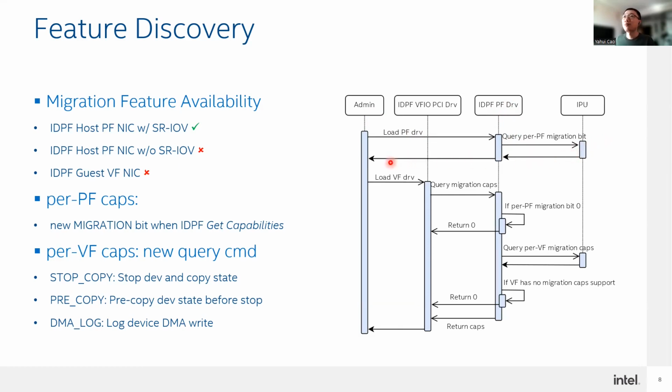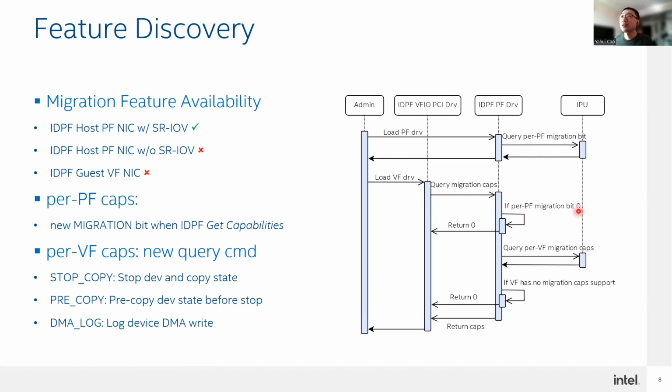Then while we bind the VF PCI driver with the VF device, the VF PCI driver, while initializing, will query the PF: what is the migration capability you support? Please tell me. In the IDPF PF driver, it will first check if the per PF migration bit is enabled or not.